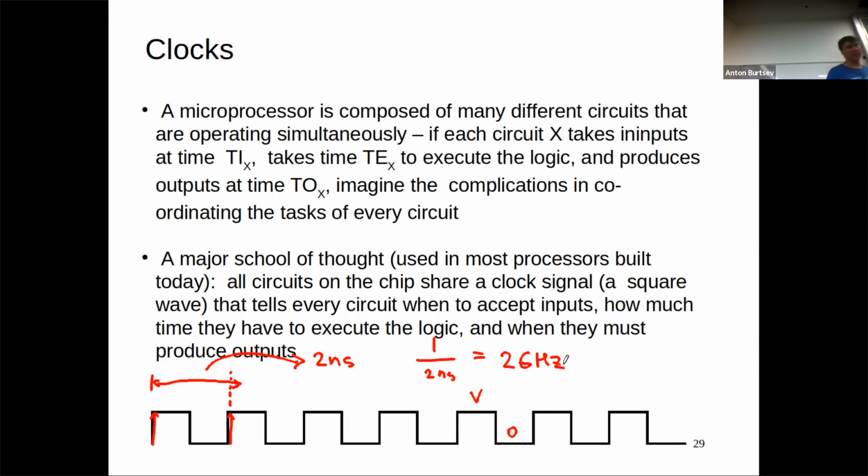At a high level, what we want to do is make sure that everything a combinational circuit has to compute is computed within a cycle. So by the end of the cycle, it reaches a stable output.